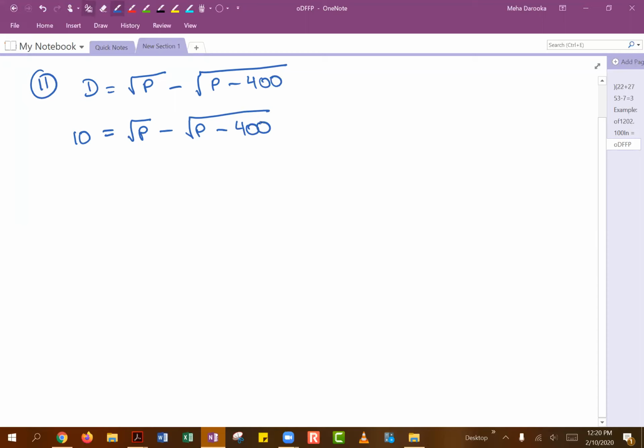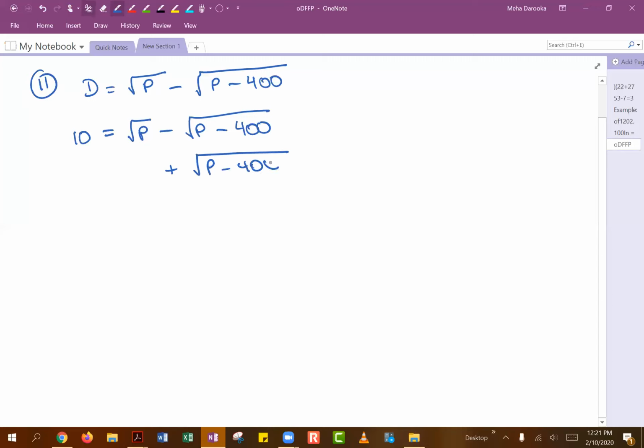So this is similar to what we did last week with numbers 3 and 4. When you add the square root of P minus 400 on the other side. Remember, you've got to isolate your radicals, get them on each side. So you can start by adding either one of those.